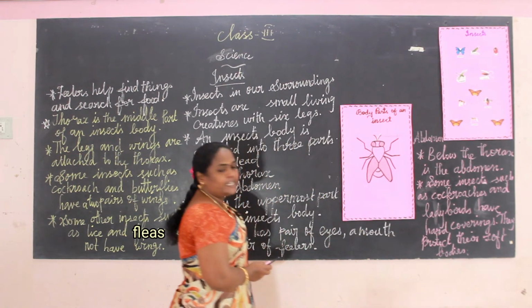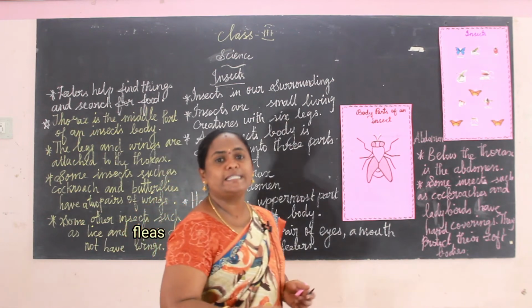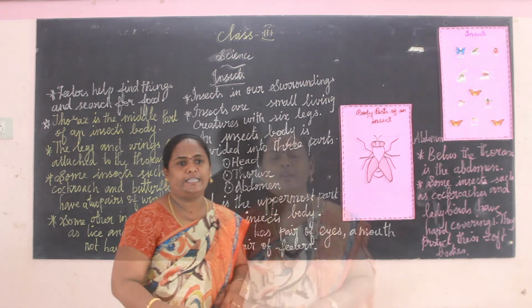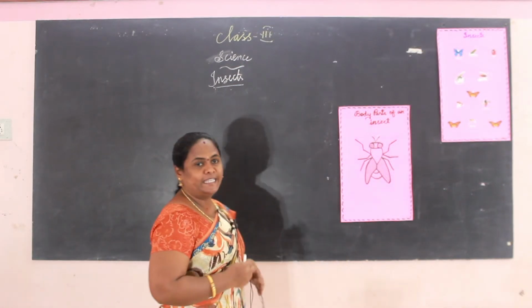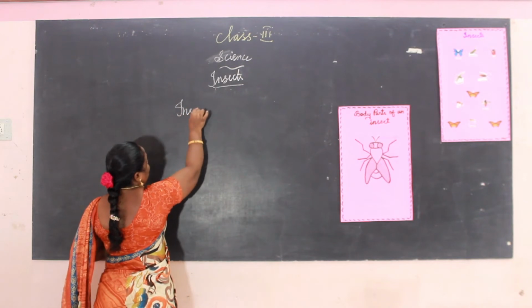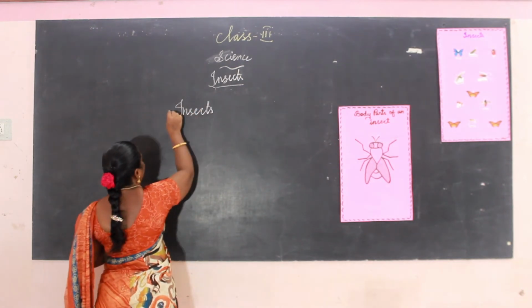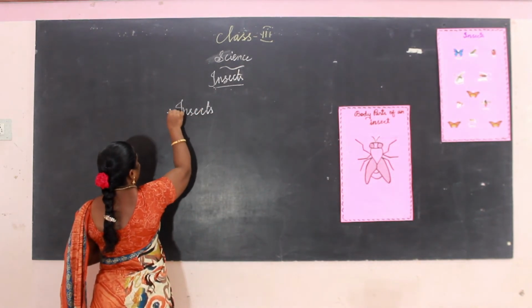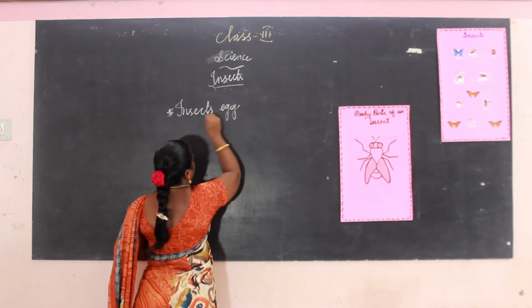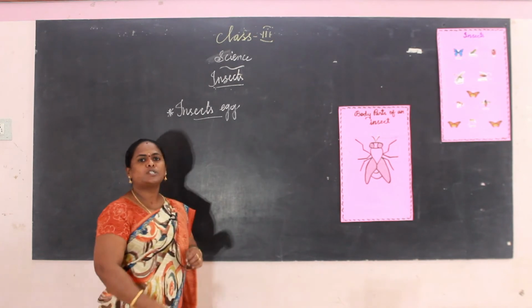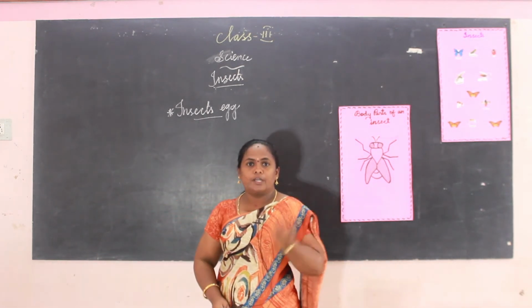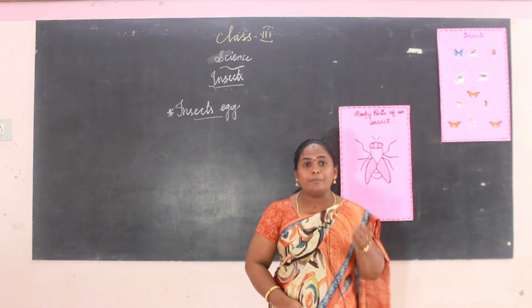Next we learn about insect eggs. Almost all insects lay eggs, and the new insects are born from these eggs.